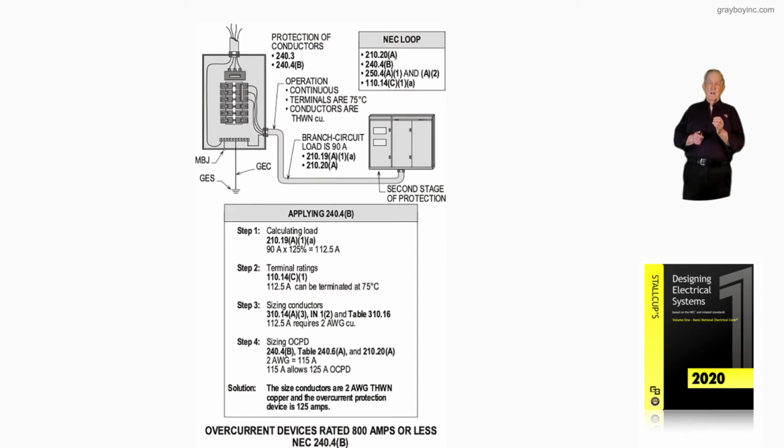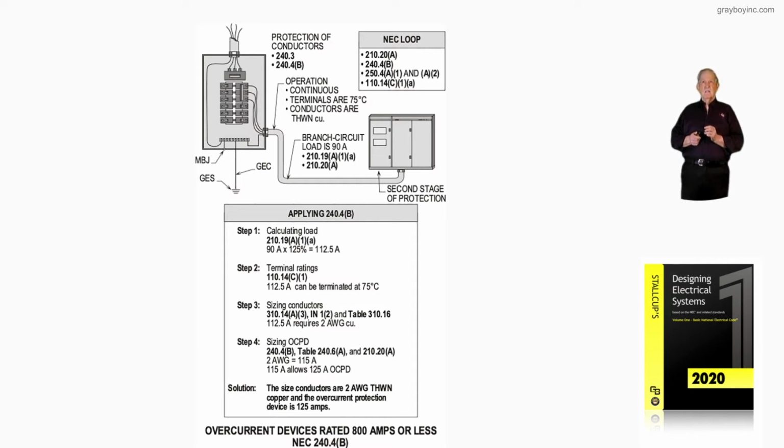And 110.14(C)(1)(a) deals with an overcurrent device at 100 amps or less terminated to conductors number 14 through number 1 based upon 100 amps or less. So now let's review the illustration and see just exactly what we're talking about.